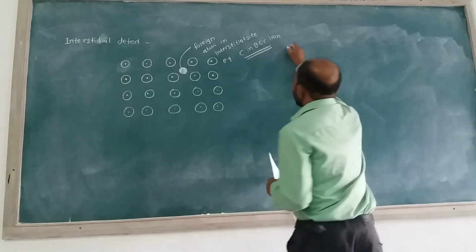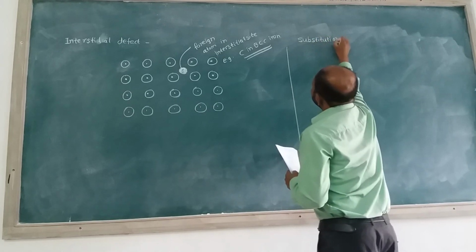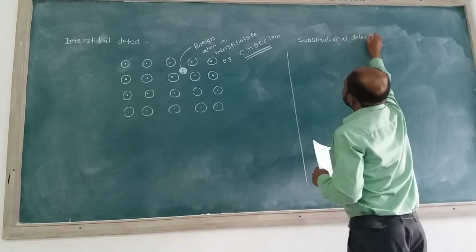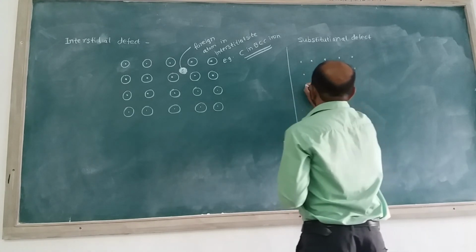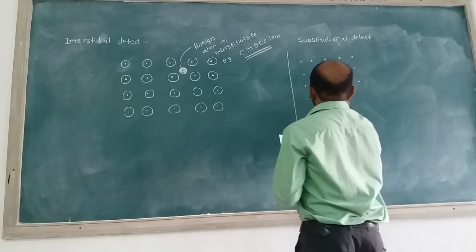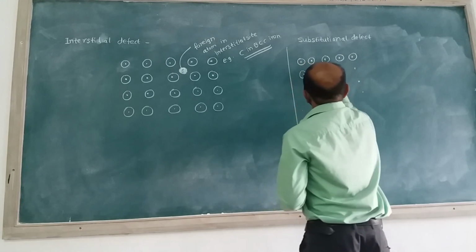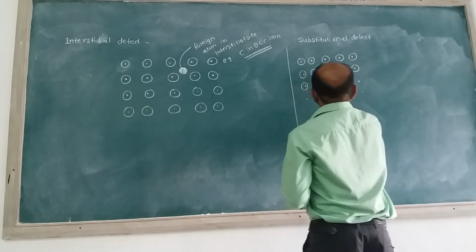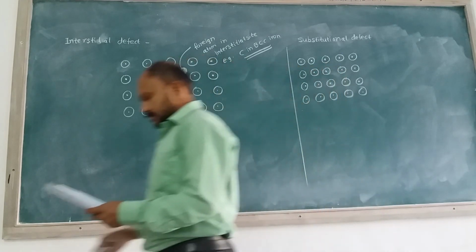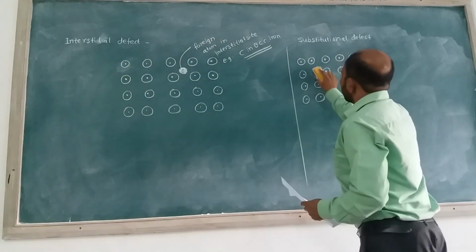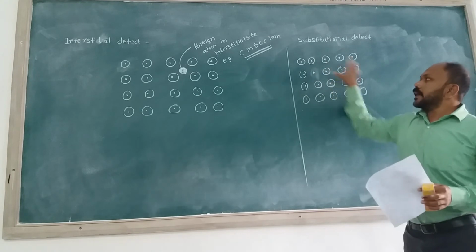If we see another type of defect, that is the substitutional defect. Now these are the atoms and lattice points.